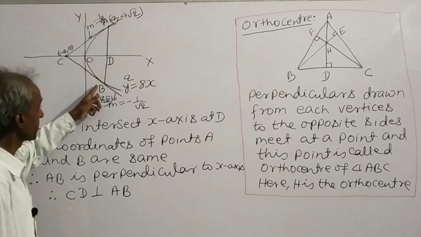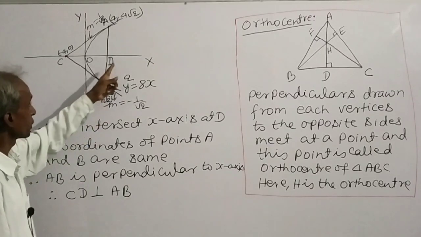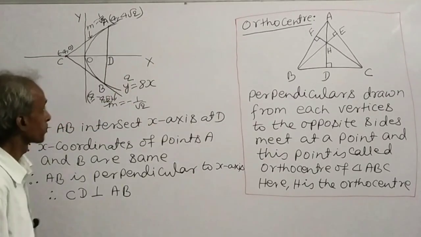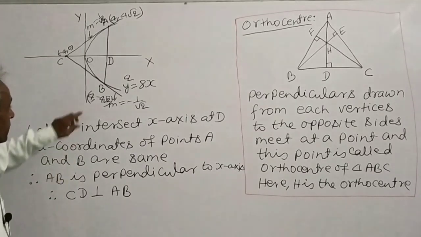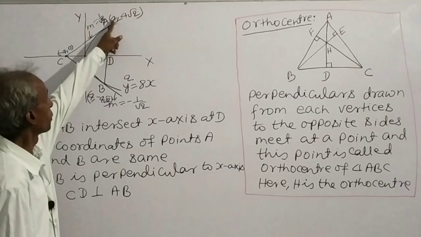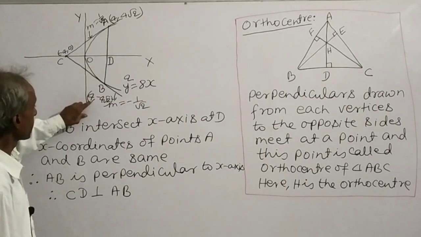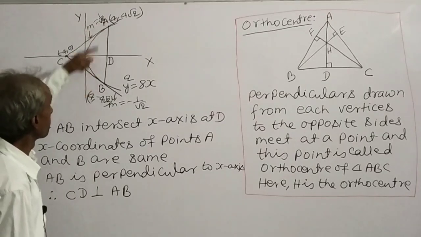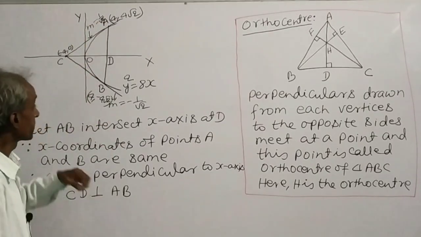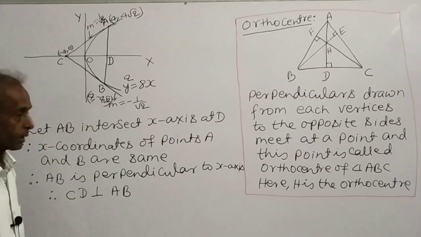First we join AB and suppose it intersects the x-axis at D. Since the x-coordinate of point A is 4, the x-coordinate of point B is 4. The x-coordinates of both points are the same, equal to 4.